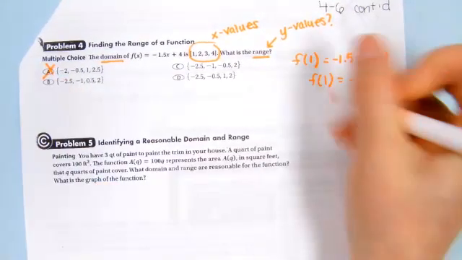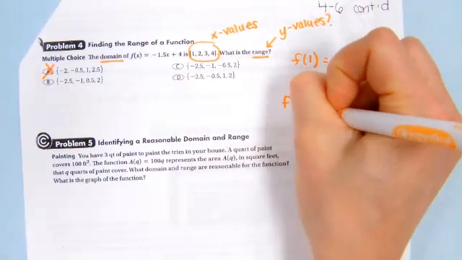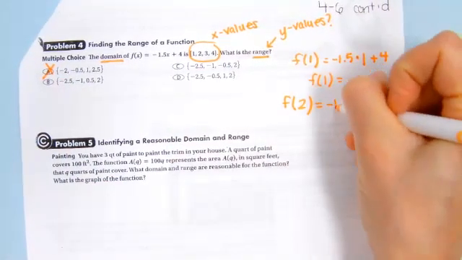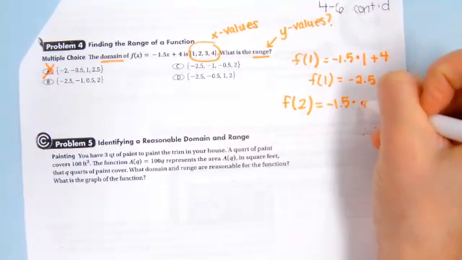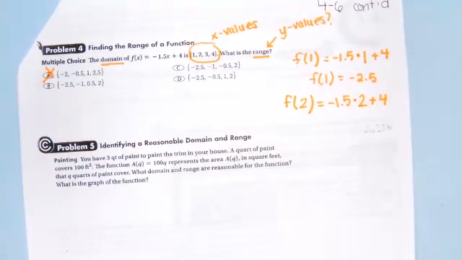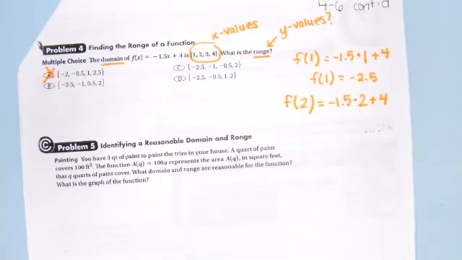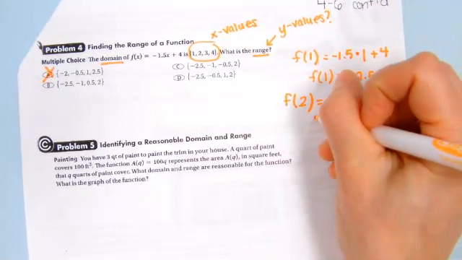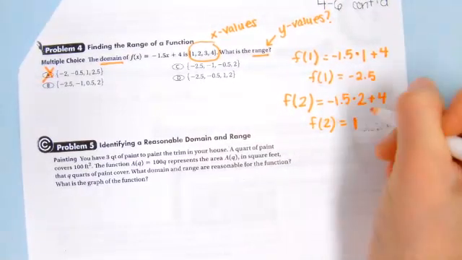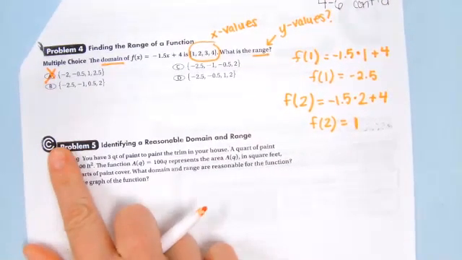Now we find the function of 2, because that's next. It equals negative 1.5 times 2 plus 4. Negative 1.5 times 2 is negative 3, plus 4. So the function of 2 is positive 1. That's got to be our next answer in the range.